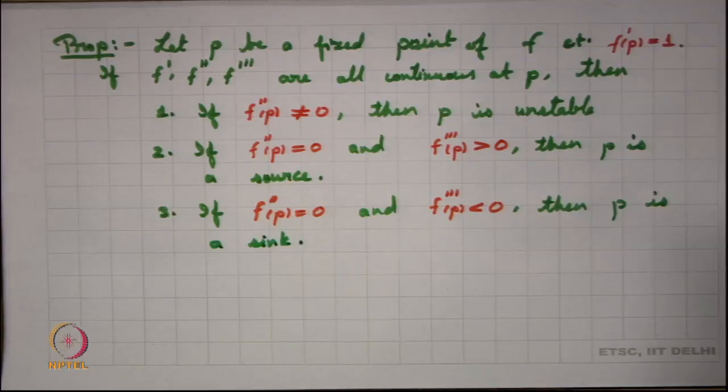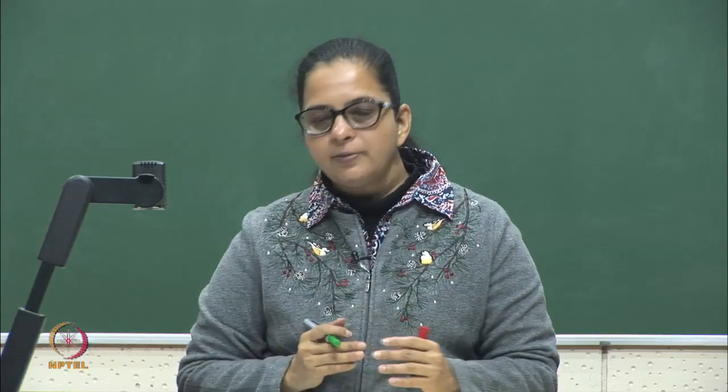So, we have these three conditions for the non-hyperbolic fixed point p. We are looking into the double derivative and the triple derivative. So, the value of the double derivative and the value of the triple derivative gives us basically the nature of the fixed point.